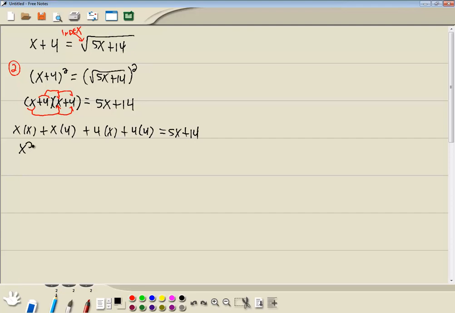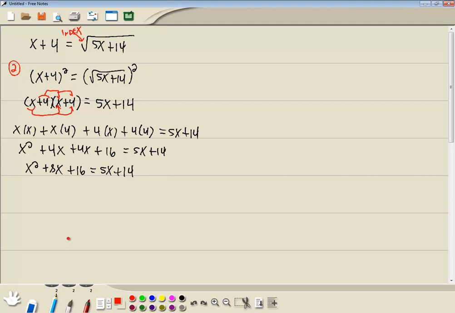X times x is x squared, x times 4 is 4x, 4 times x is 4x, 4 times 4 is 16, equals 5x plus 14. And always combine like terms in a step. 4x plus 4x is 8x. So we got x squared plus 8x plus 16 is equal to 5x plus 14.